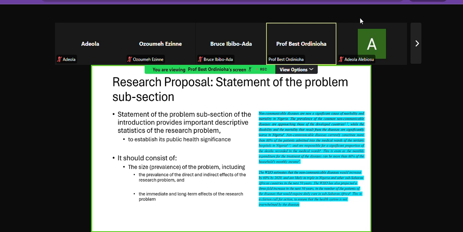Okay, that's a direct problem. But indirect problems are not caused by the health problem, but occur as a consequence of that health problem.